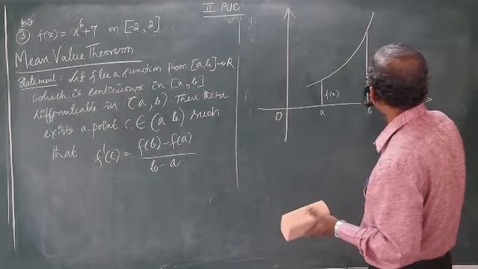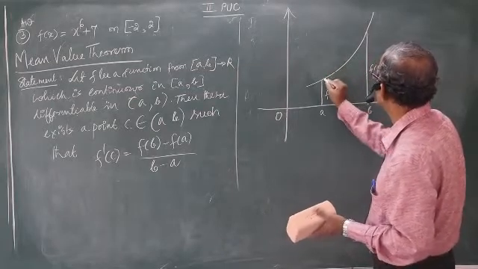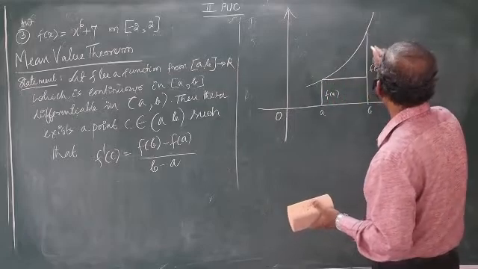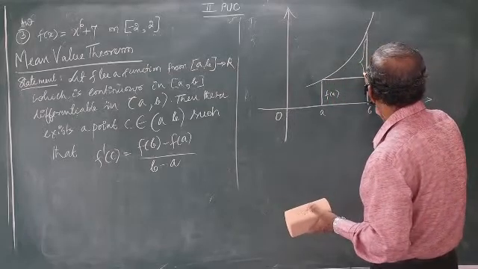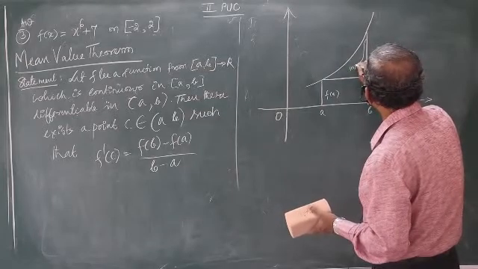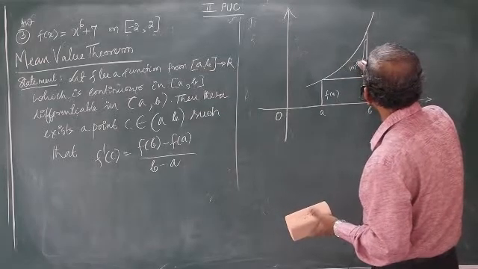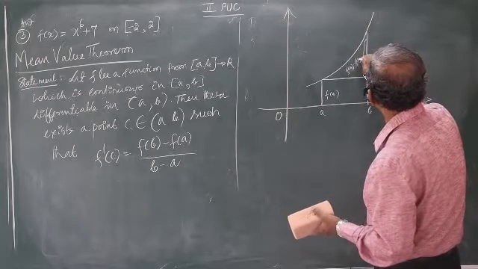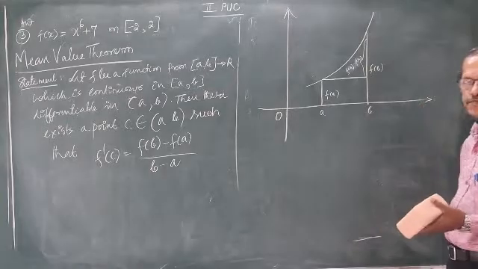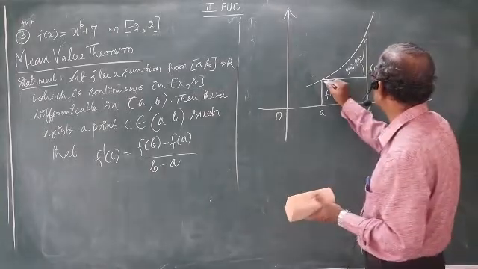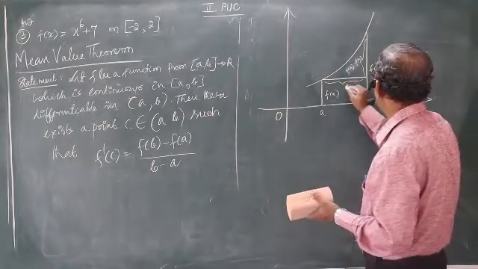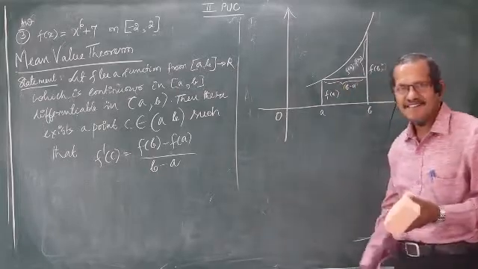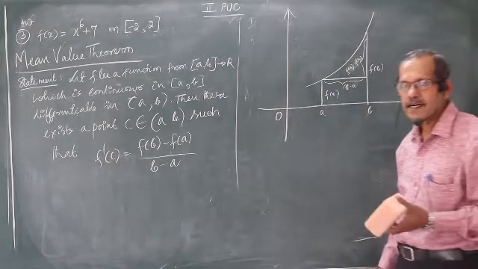F of B minus F of A means this portion. Note that one carefully. Divided by B minus A means this one. Actually, what is it? Opposite side by adjacent side, tan theta, the slope of that.